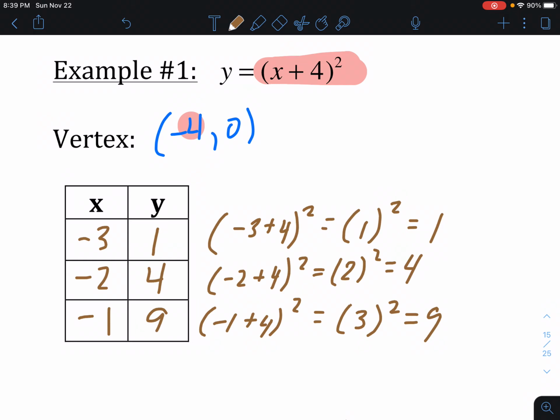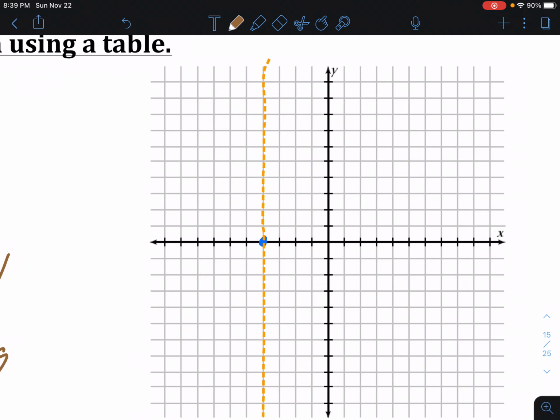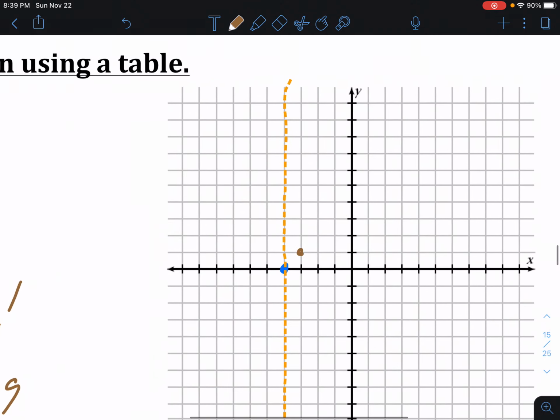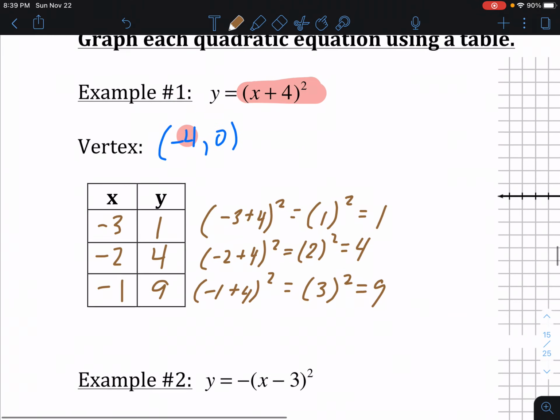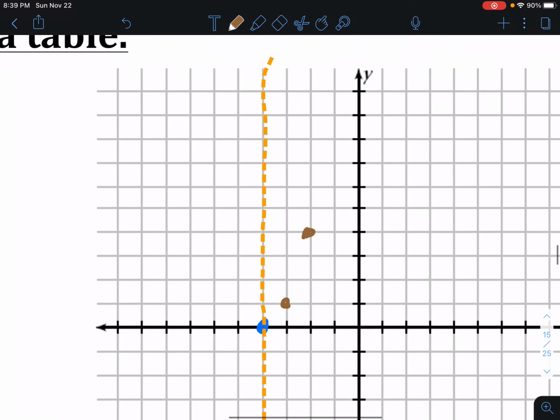So I have some additional points to plot. Negative 3, 1. Negative 2, 4. And negative 1, 9. So that forms the one side of my parabola. I need matching points on the other side of the axis of symmetry.